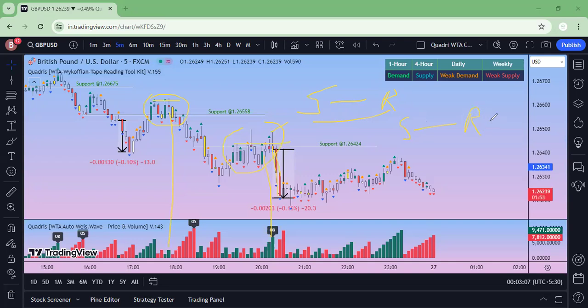Resolve, either in an upward direction or a downward direction. So whatever the struggle is, at the end of the struggle it makes itself clear which side has the greater power to pull the price toward itself. Either supply would be greater or demand would be greater to take the market upwards.